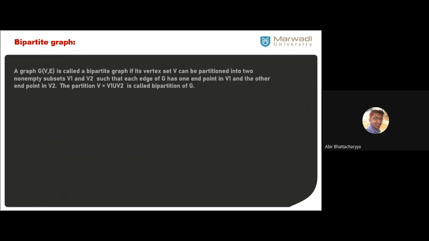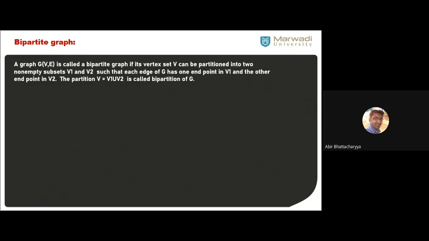Next topic is bipartite graph. Burhanuddin asks whether there are any rules when naming vertices like V1, V2, V3, V4. You have to name the vertices like that.